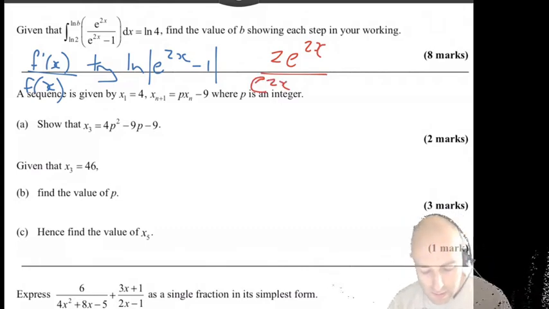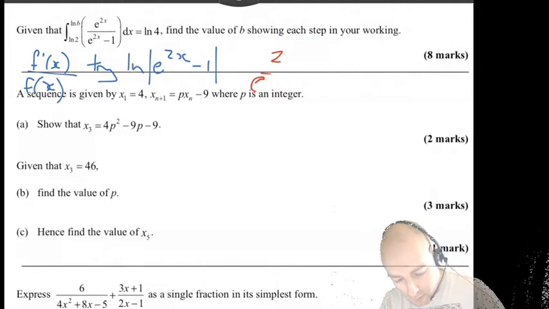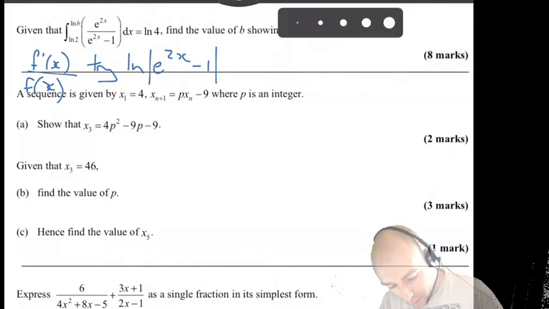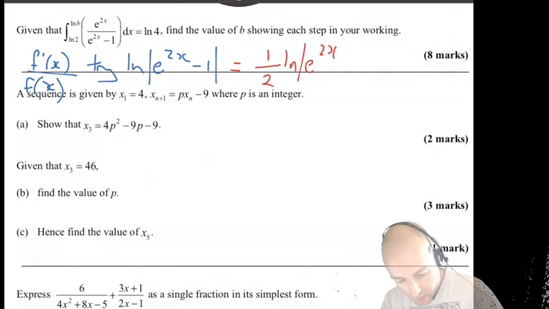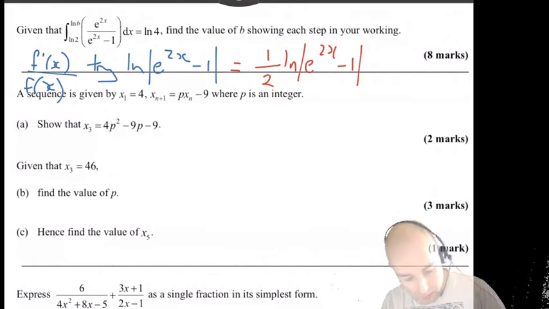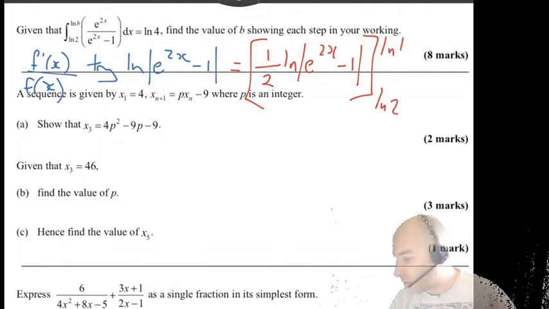So we in fact need to have a half of our answer. So our answer is going to be a half ln of e to the 2x take 1, square brackets, limits ln 2 and ln b. Cool. Yep. Well done, Callum.